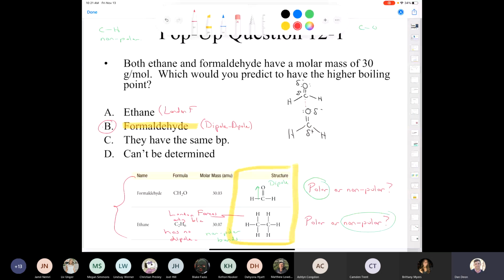Oh, I just noticed in my notes, I actually wrote down their boiling point. The boiling point of formaldehyde is negative 19.5 degrees Celsius, and the boiling point of ethane is negative 88. Okay, so the boiling point of formaldehyde is low, but it's much higher than that of ethane.